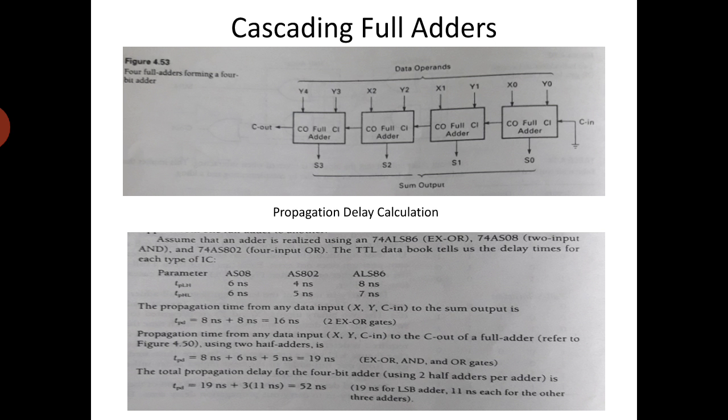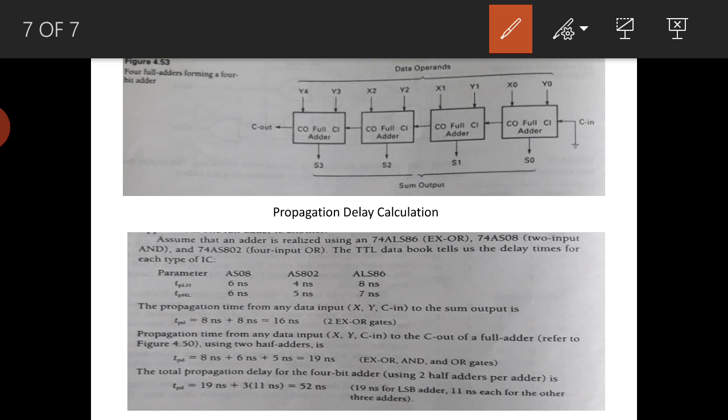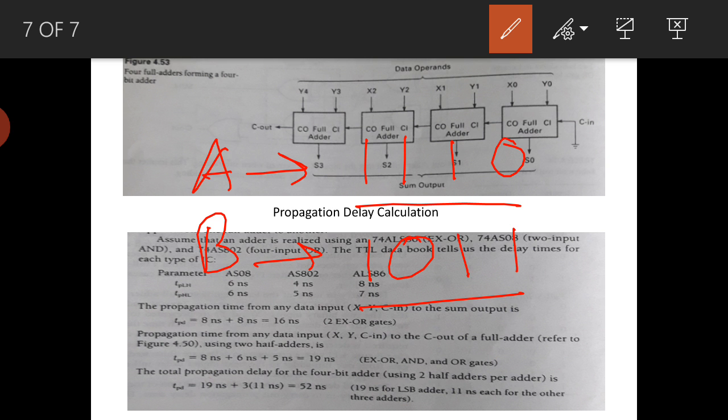So where will it be used? It will be used when the addition involves variables of more than 1 bit. For example, if there are 2 variables a and b, each of 4 bits, say 1110 and 1011, and I want to add these numbers.